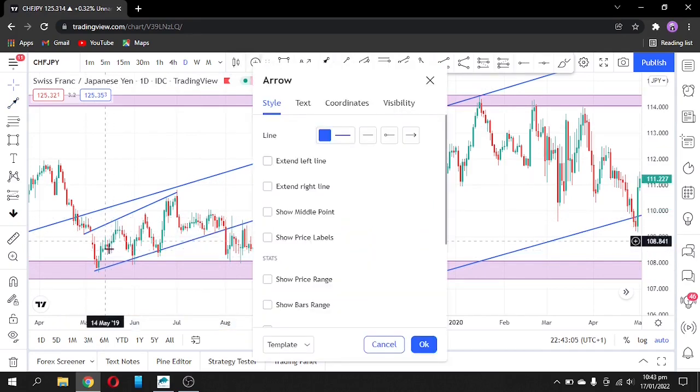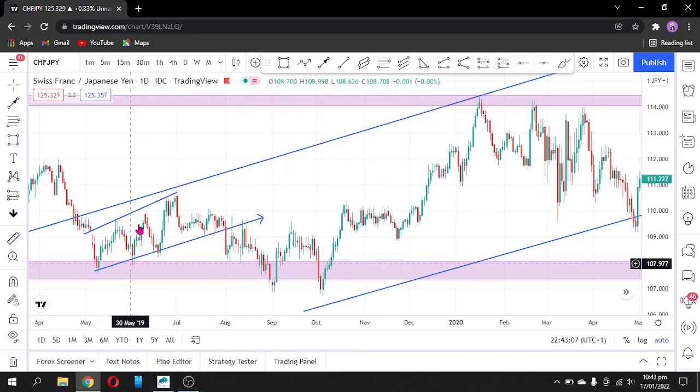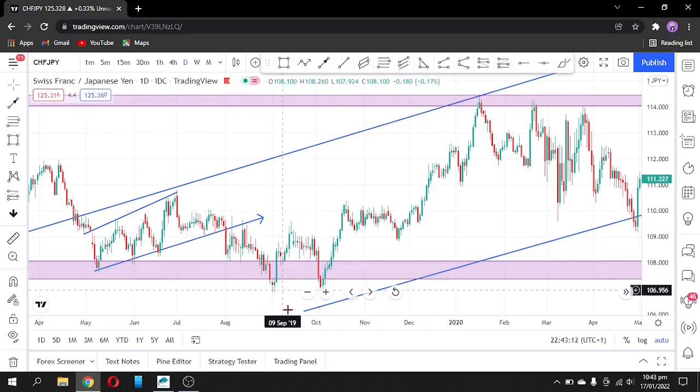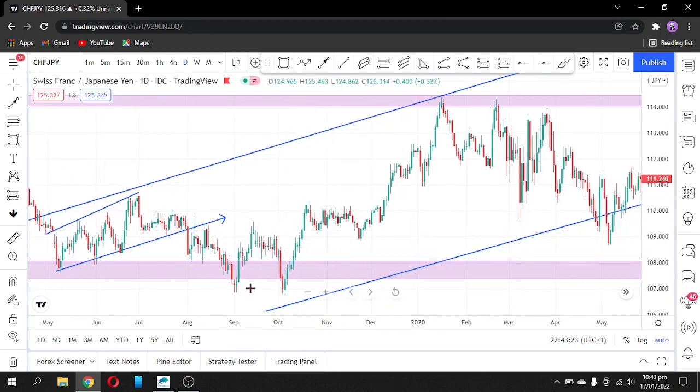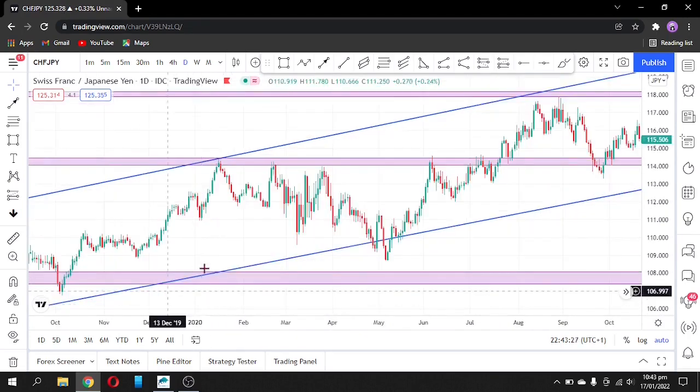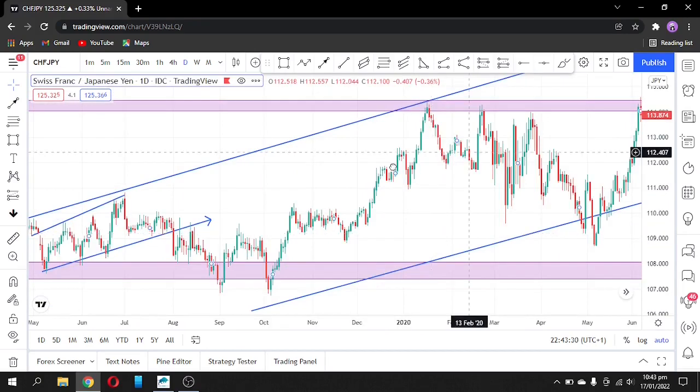So when price made this bullish channel, it broke out, retested, and came back to this support zone, gave us a double bottom. A double bottom is a chart pattern that traders use to get trade signals. After giving us this double bottom at this support, price pushed up to this resistance that we earlier drew.